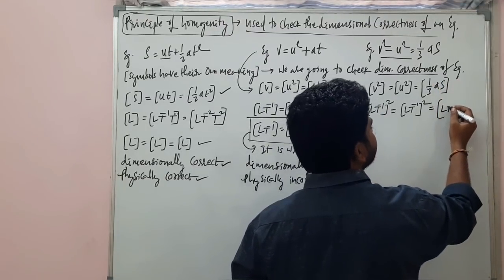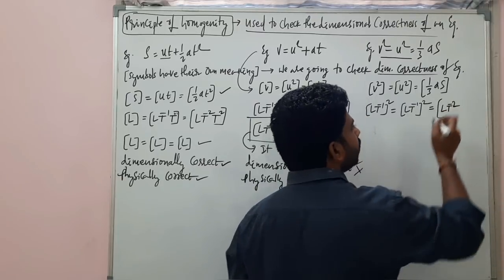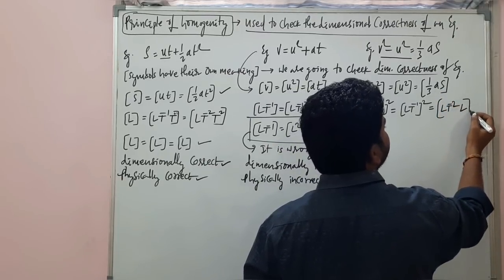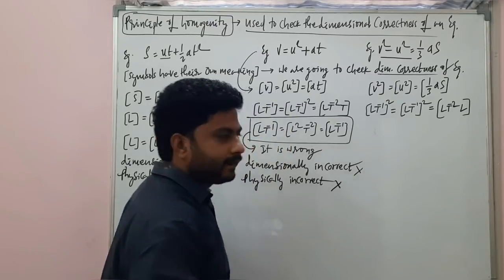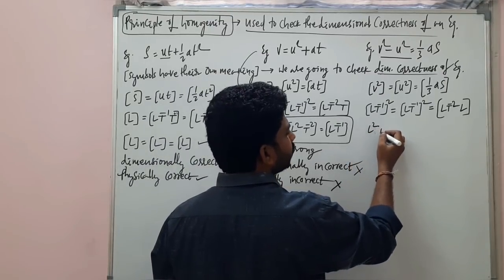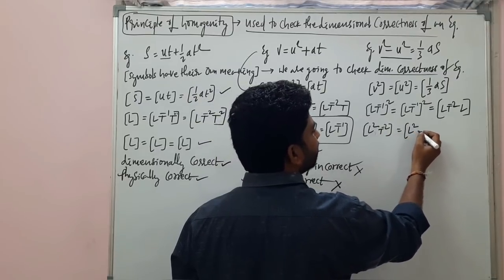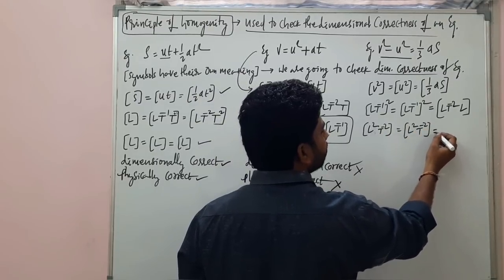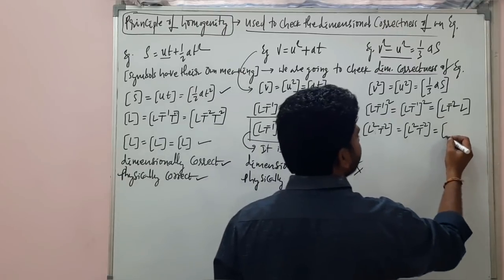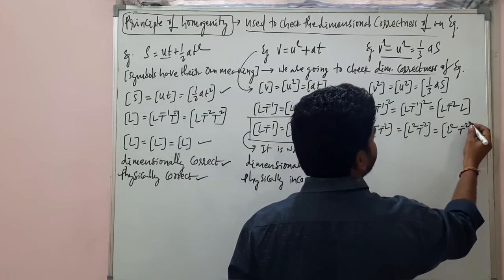Acceleration will have dimension LT minus 2 and displacement will have dimension L. So this is L square T minus 2, equal to L square T minus 2, and that will be equal to L square T minus 2.